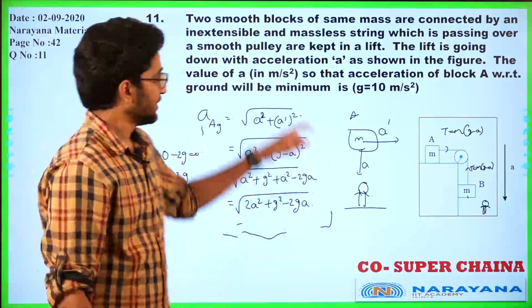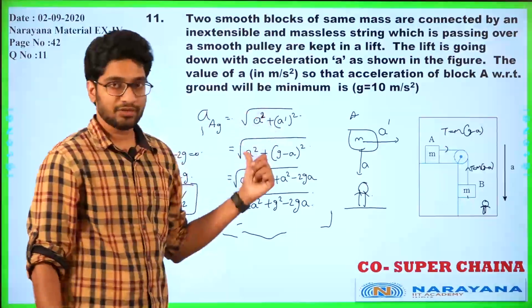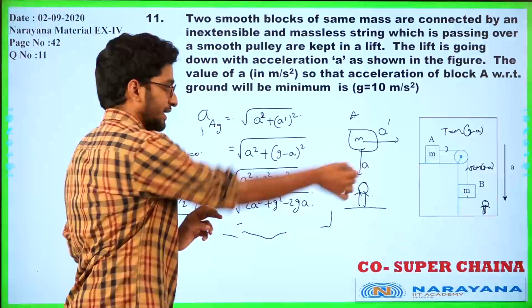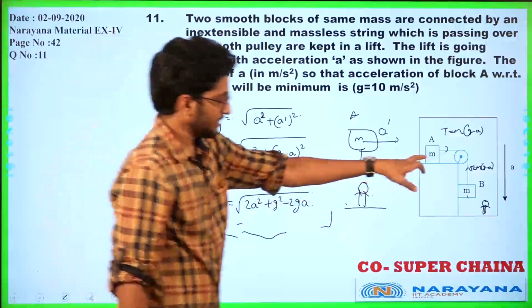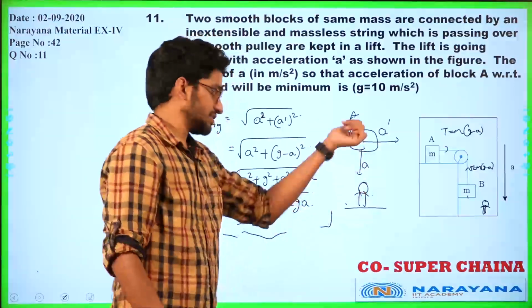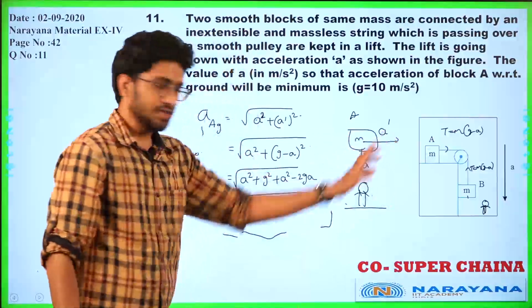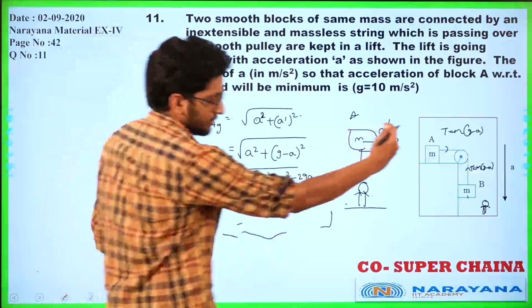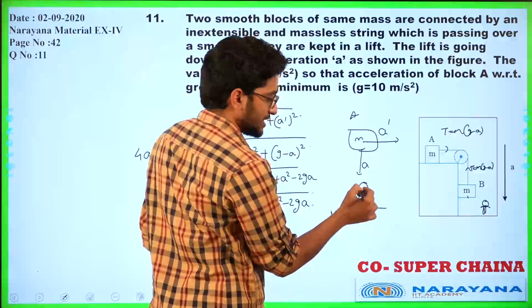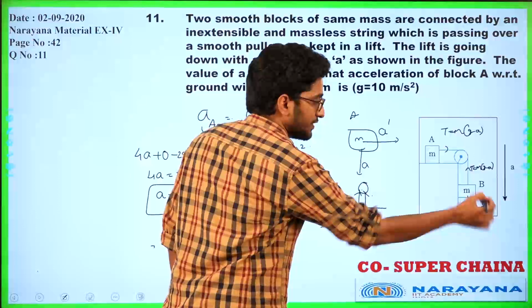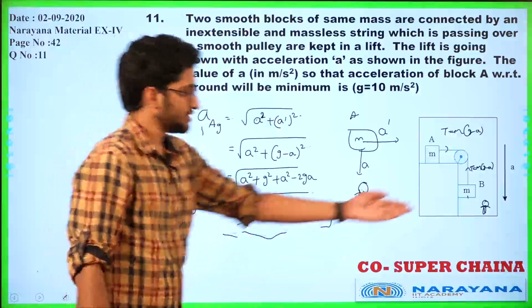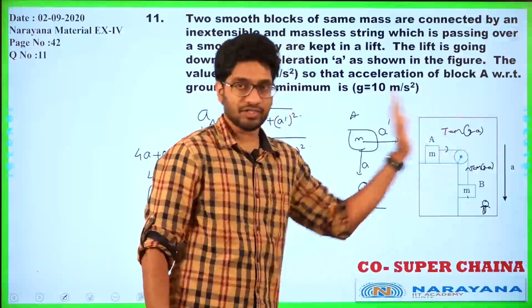Now keep in mind that you need the acceleration of the block with respect to ground, so it has two components, not just a. When he is observing this block, since the lift is moving, he says it is also moving downwards. And because of the tension, it also moves towards the right. The acceleration in the horizontal direction will be the same for the observer outside and for the observer inside, because the observer inside has no acceleration in the horizontal direction.